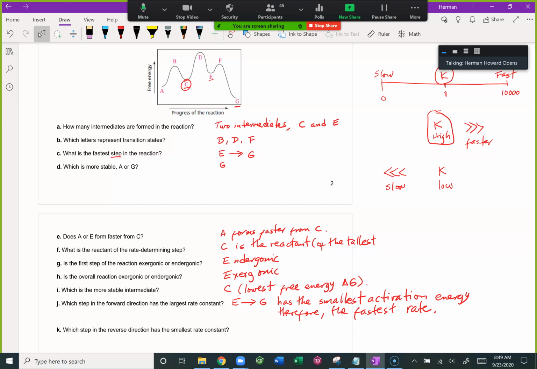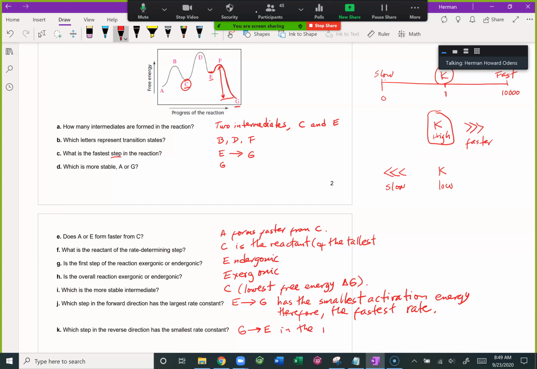Because now notice that G to E has the largest activation energy. So you go from here all the way up to here. You see what I'm saying? Now we're going in reverse. It takes a lot of energy to get to here and to form E. So G to E is the opposite.